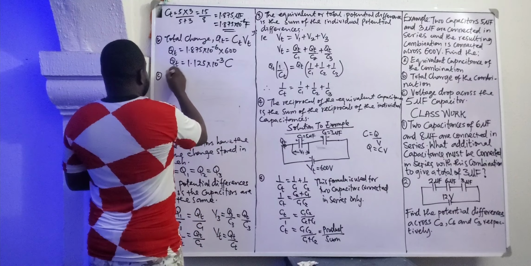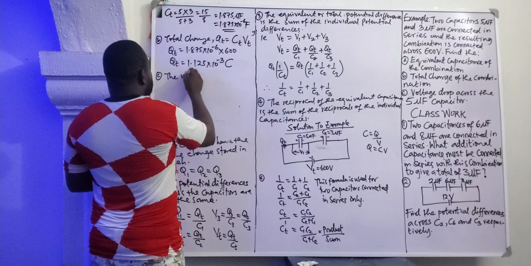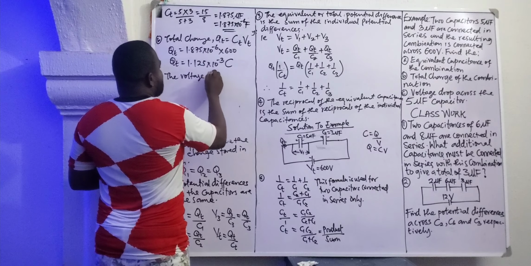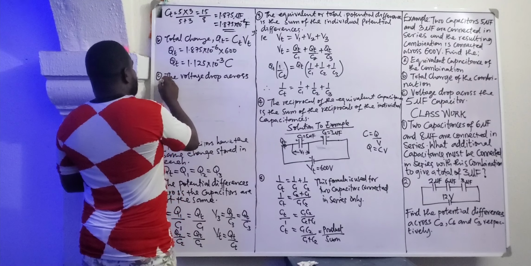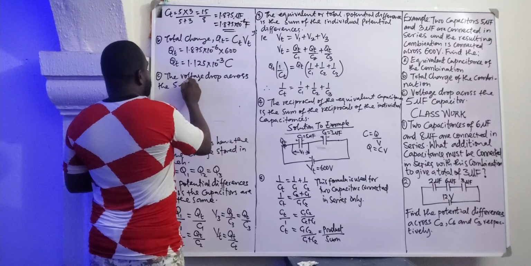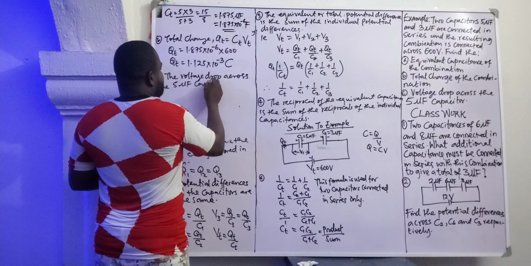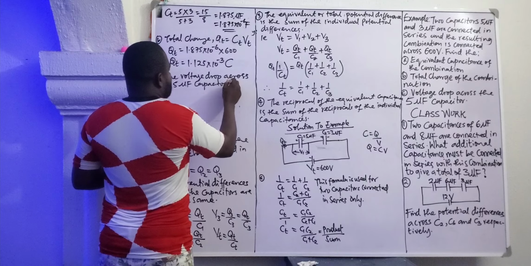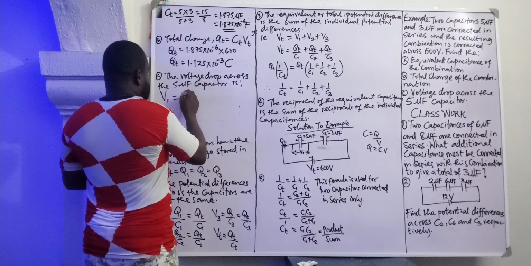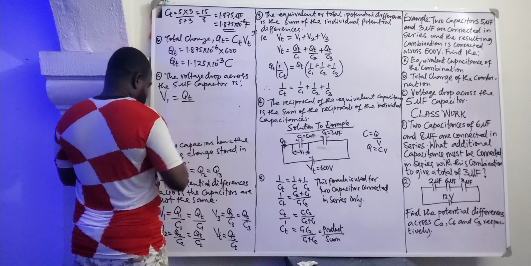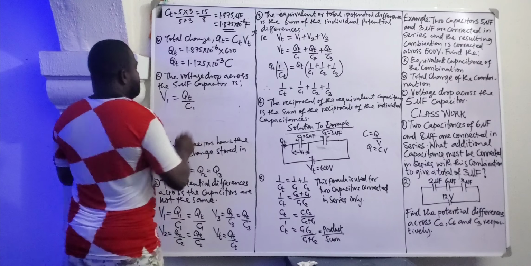So the voltage drop across the 5 microfarad capacitor is V1 equals the total charge divided by what?